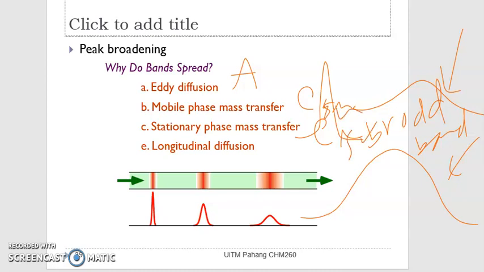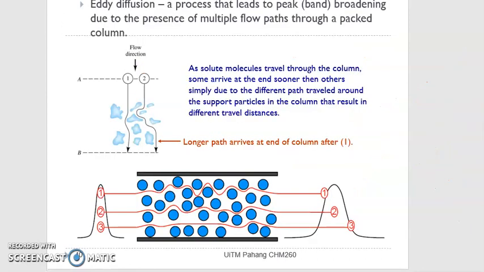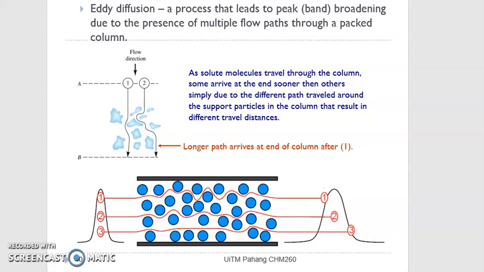Okay, and it may also be caused by longitudinal diffusion, B term. So band broadening happens caused by these three terms lah, A, B and also C. Nanti saya terangkan kenapa. Okay, so look at the first one, eddy diffusion.